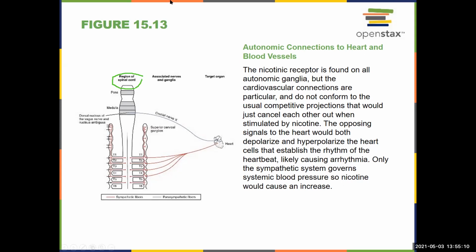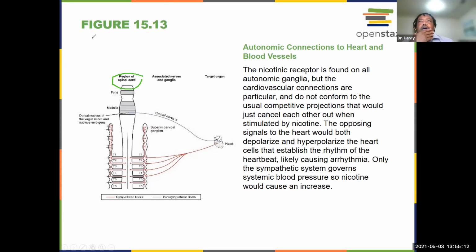Okay, so put it simply, I have a box here. We're going to say I have a receptor that looks like this on the surface, and this guy is for the parasympathetic. And then I have a receptor that looks like this.